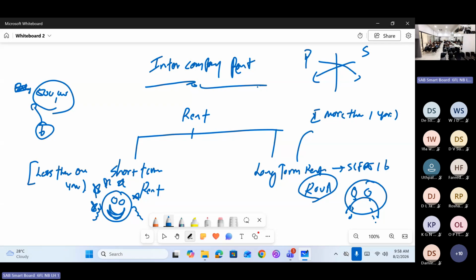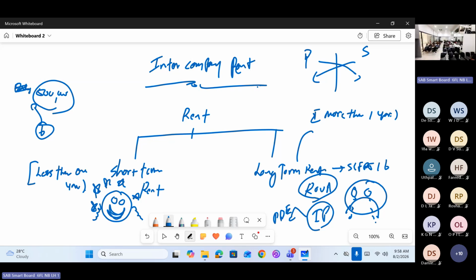Another critical thing is if it is relating to investment property, IP. That IP should be classified as PP&E at the consolidated stage.